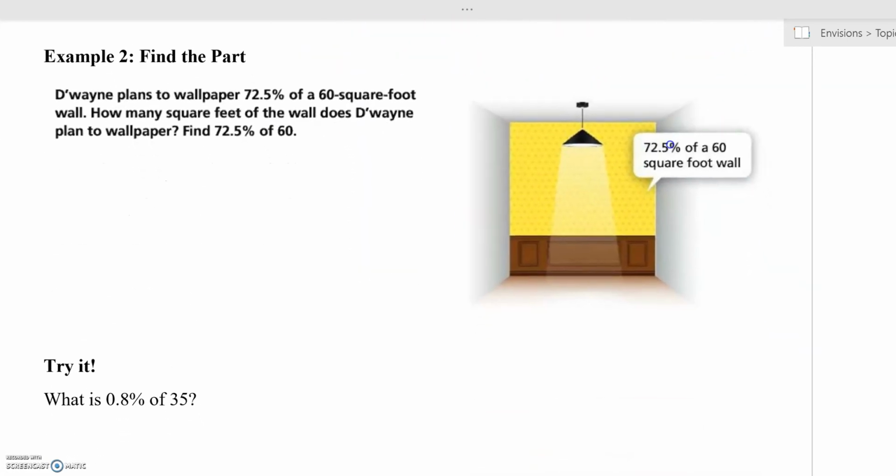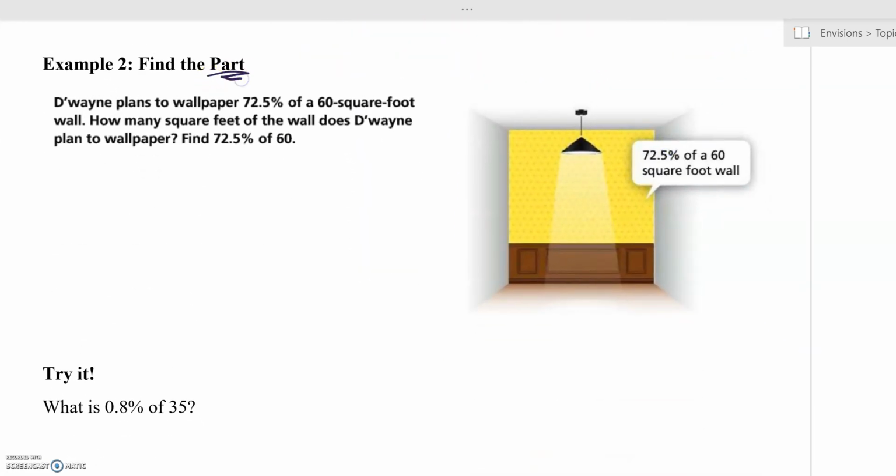All right, so here again, we're still going to find a part. If you prefer the equation, by all means, you can use the equation, but I'm also going to show you how to set it up for your proportion as well. So we are going to find 72.5% of 60.